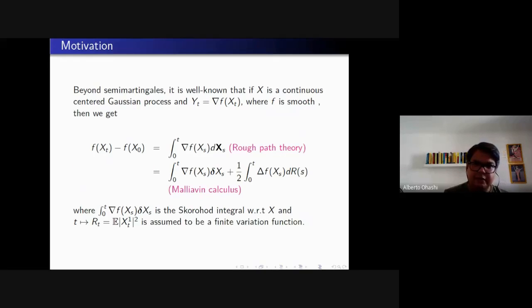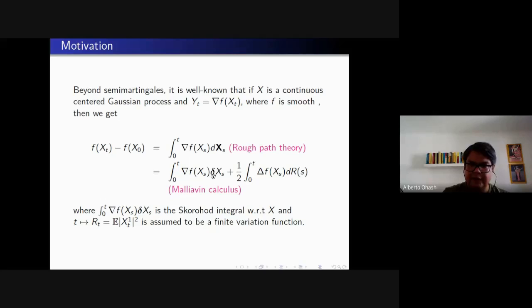Beyond semi-martingales, it is known that if you consider X a Gaussian process, and Y is the derivative of f applied to your driving noise X, then what you get is, the first expression here, it's just the fact that the rough path, as I said before, is a geometric calculus, so the usual chain rule formula, and at the same time, if you use Malliavin calculus, then you can prove that this integral here is actually the Skorohod integral.